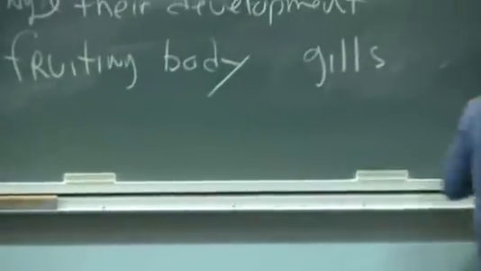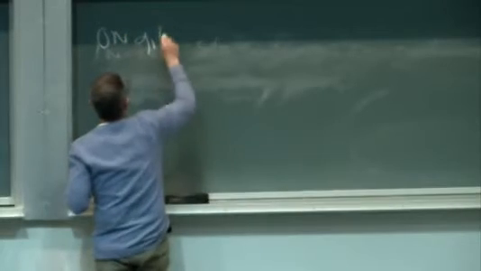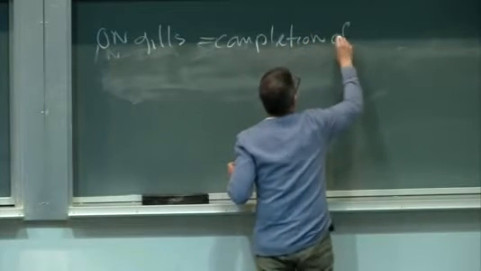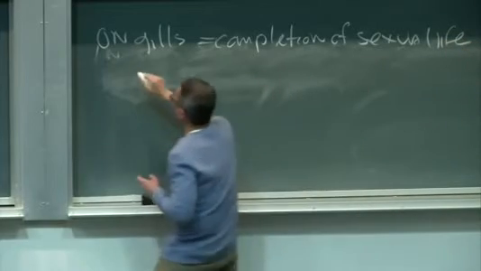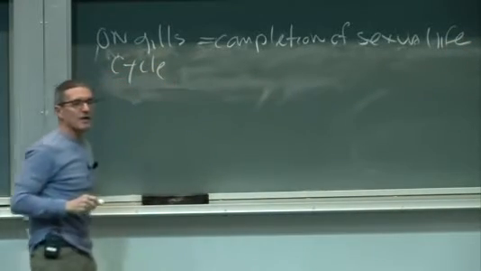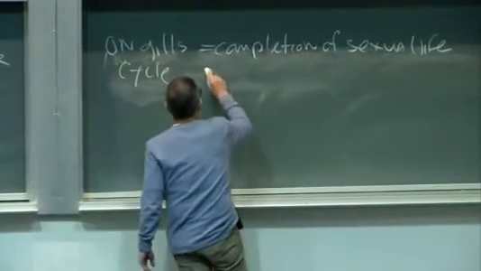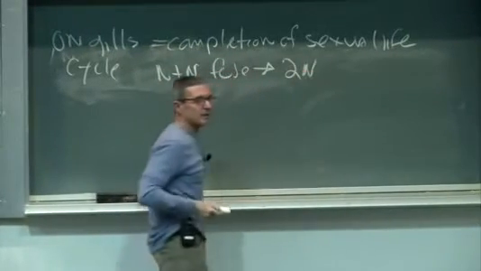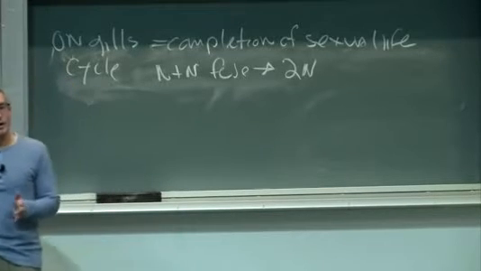On the gills, we have the completion of the sexual life cycle. Because on the gills, the two N plus N nuclei fuse to make the 2N structure. This 2N structure occurs underneath.